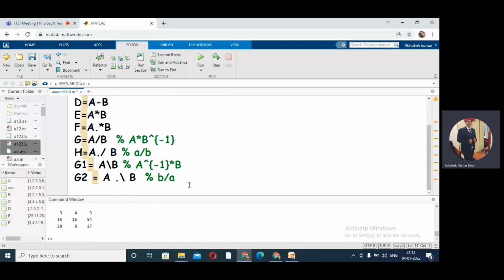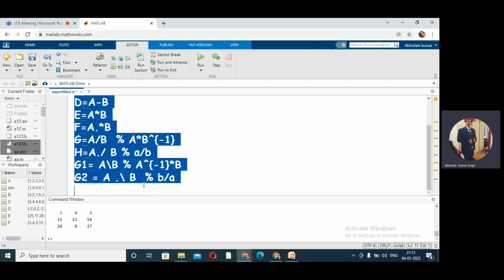Now you know the inverse of the matrix. If your matrix is non-singular, it means the determinant should be non-zero. So how to find the determinant of the matrix A?